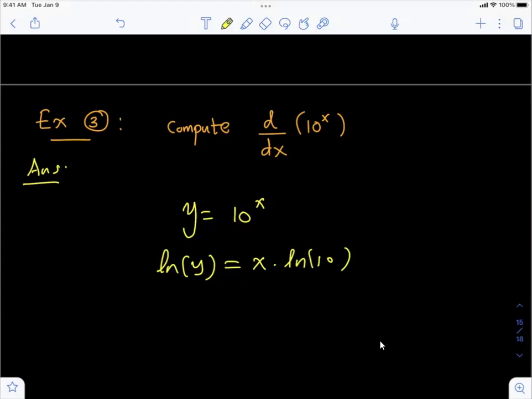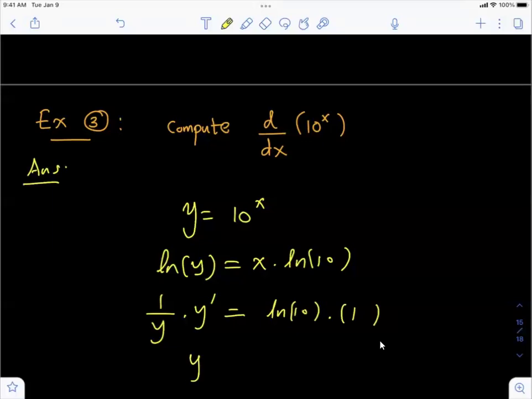Now take the derivative at this step. When you take the derivative, it happens to be 1 over y times y prime. On the right side, this is a constant. ln 10 is a fixed value. There is no derivative involved with that. So ln 10 is just a constant multiple, and then take the derivative of x. That would be just 1.